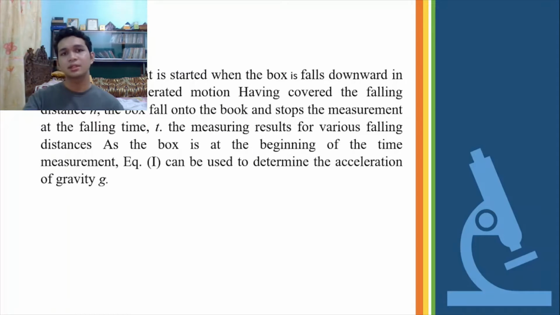Time measurement is started when the box falls downward in a uniformly accelerated motion, having covered the falling distance. The box falls onto the book and stops the measurement at the falling time. The measuring results for various falling distances can be used to determine the acceleration of gravity.